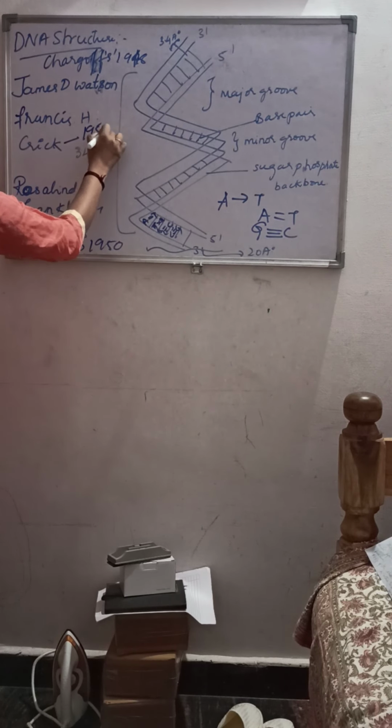James D. Watson and Francis H. Crick of Cambridge University in England, in 1953, proposed the DNA double helix model using the available data. Whose data? Rosalind Franklin and Wilkins, in 1950, who had given some data about the double helix DNA.